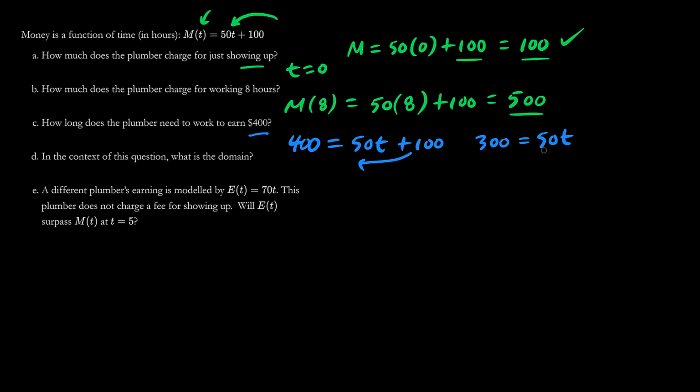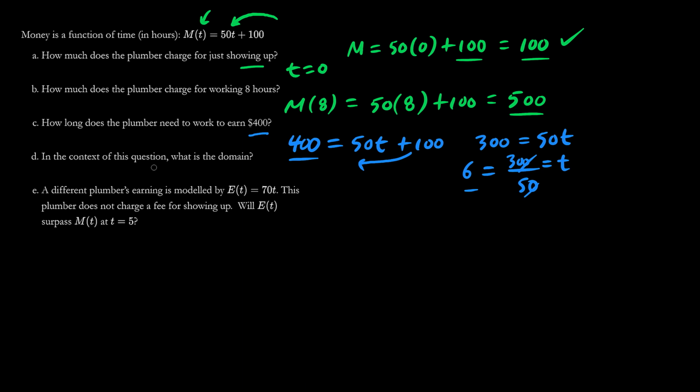We can divide both sides by 50. So t is equal to 300 divided by 50. We knock off the zeros, and we see that 30 divided by 5 is 6. So in 6 hours, the plumber makes $400.